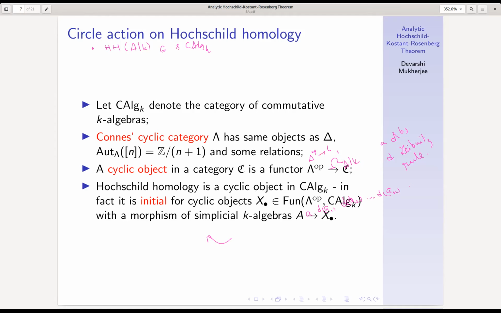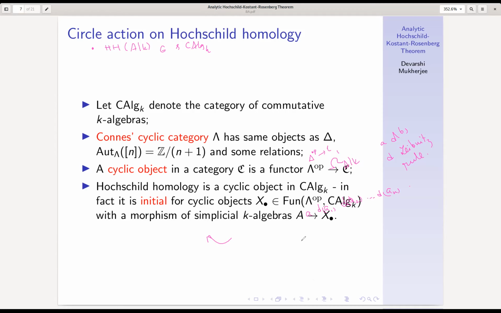What's shown classically is that Hochschild homology is a cyclic object inside this category. And furthermore, it's initial for cyclic objects that come with a morphism from A to this object that you start with.